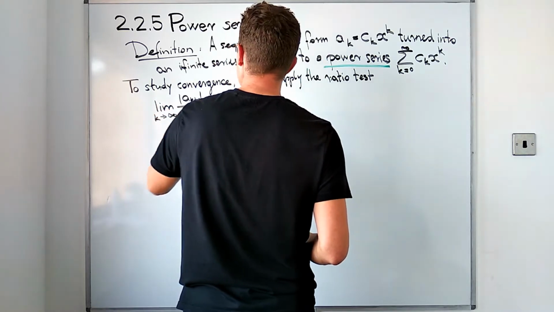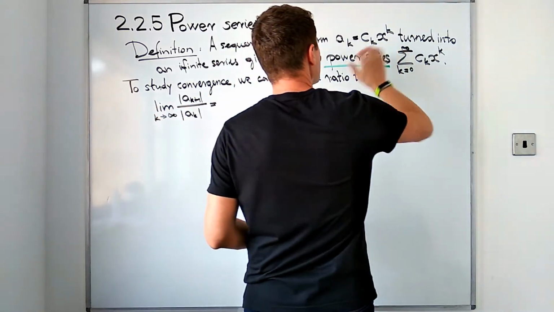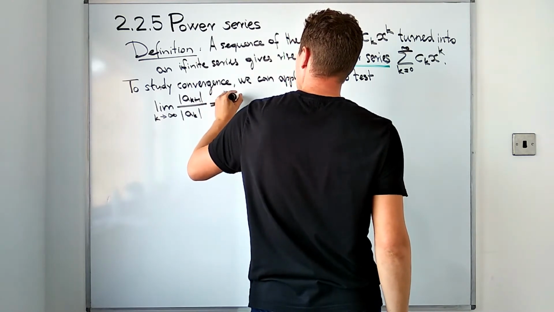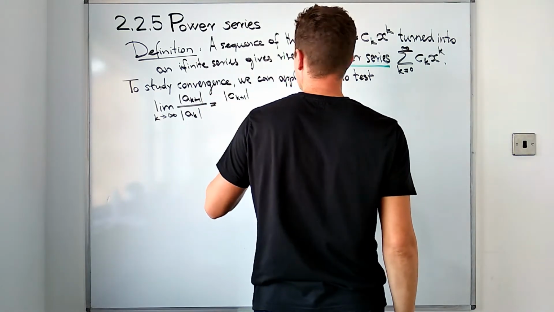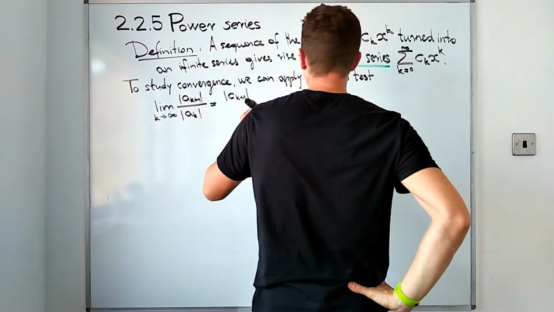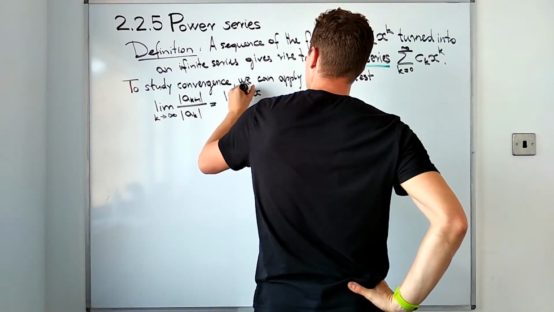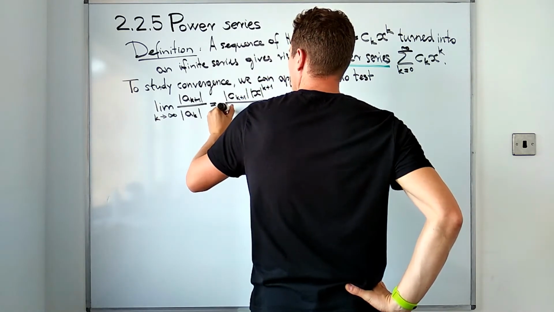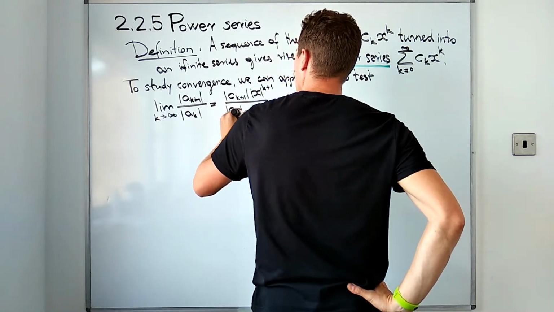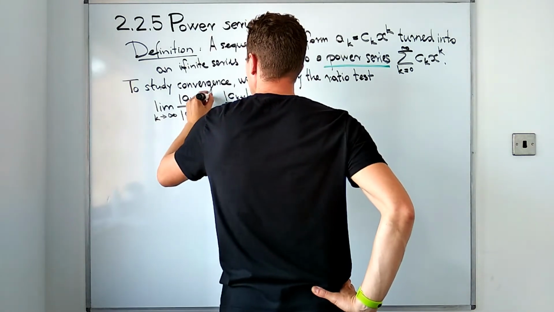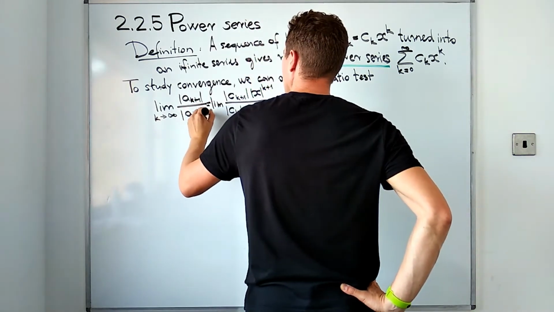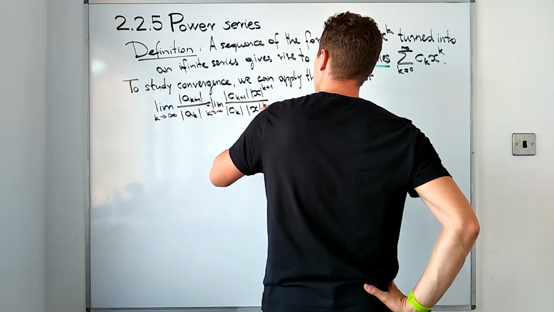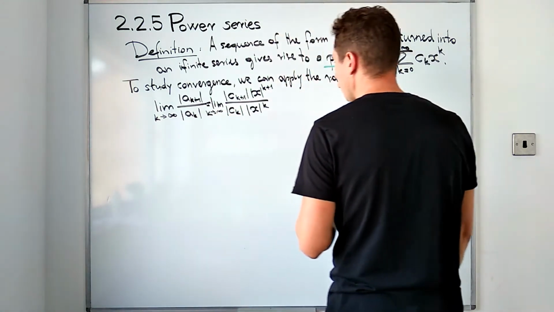Well, what does it mean for such a sequence now? Well, it means that we have to take the absolute value of c_(k+1) multiplied by the absolute value of x to the power k+1, divided by the absolute value of c_k times the absolute value of x to the kth power.